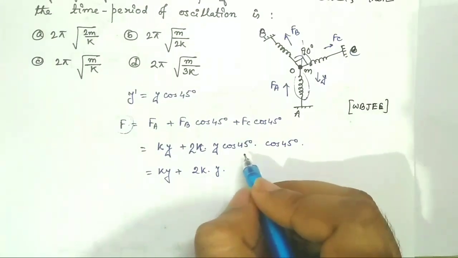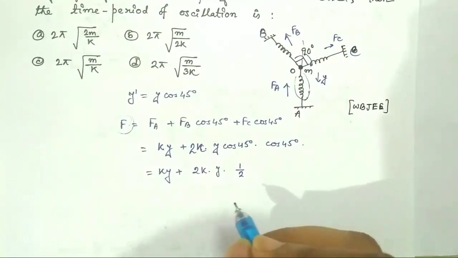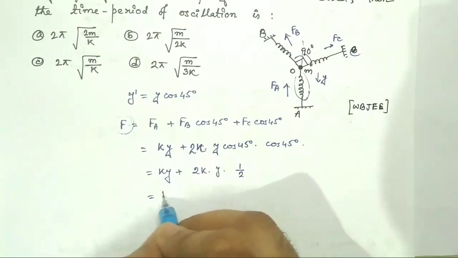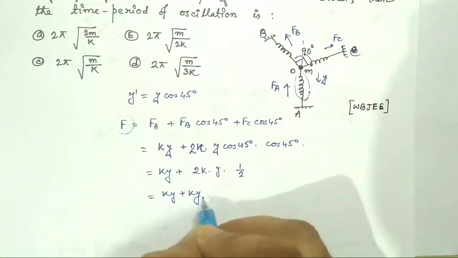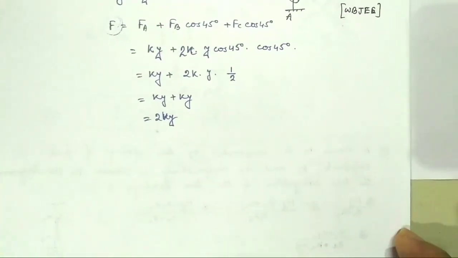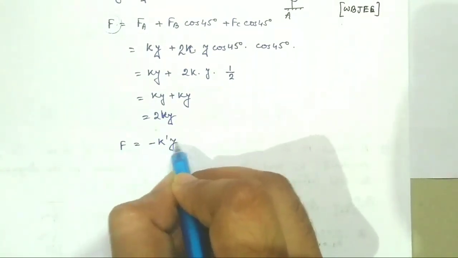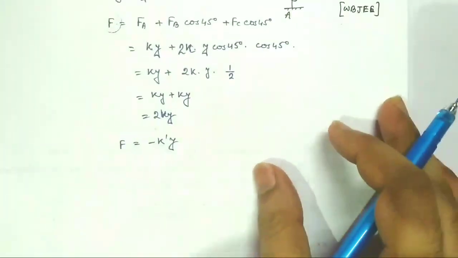Now the value of cos 45 degree is 1 by root 2. So 1 by root 2 into 1 by root 2 will give us 1 by 2. So ky plus ky equal to 2ky. Now we know that F equal to minus k prime y. We know this equation.